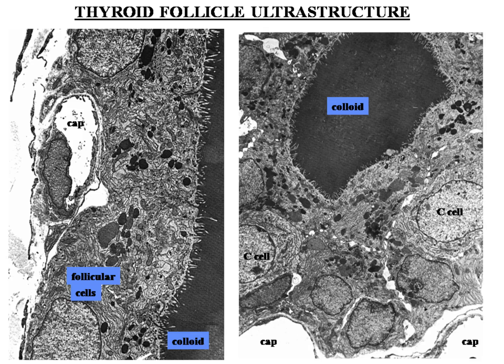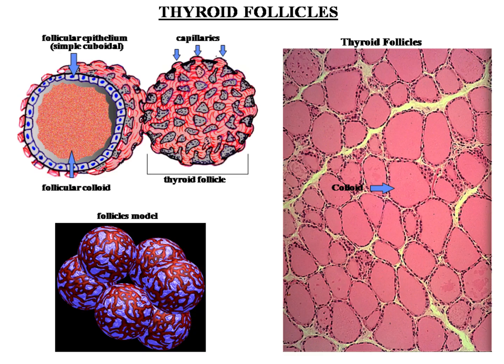The colloid, which represents a reserve of secretions rich in nucleoproteins, hence it is basophilic, and contains thyroglobulin and enzymes. Thyroglobulin is a glycoprotein containing several iodinated amino acids, the proportion of which varies from follicle to follicle.